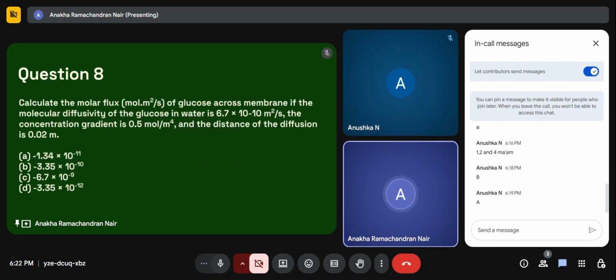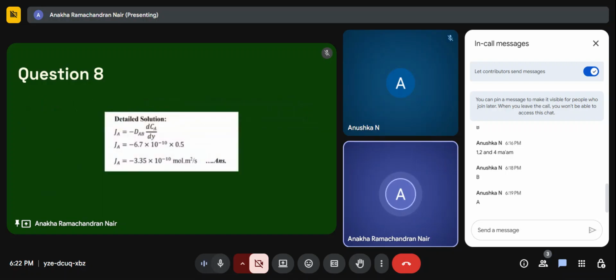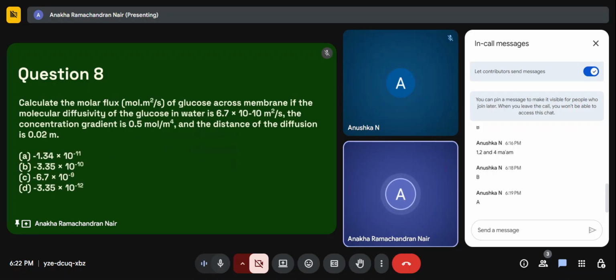The distance of the diffusion is not used in this answer at all. So that is just a trick. All you needed was the diffusivity of glucose and the concentration gradient. And you get an answer of 3.35 into 10 to the power minus 10 moles per meter square per second. So the correct answer is option B.